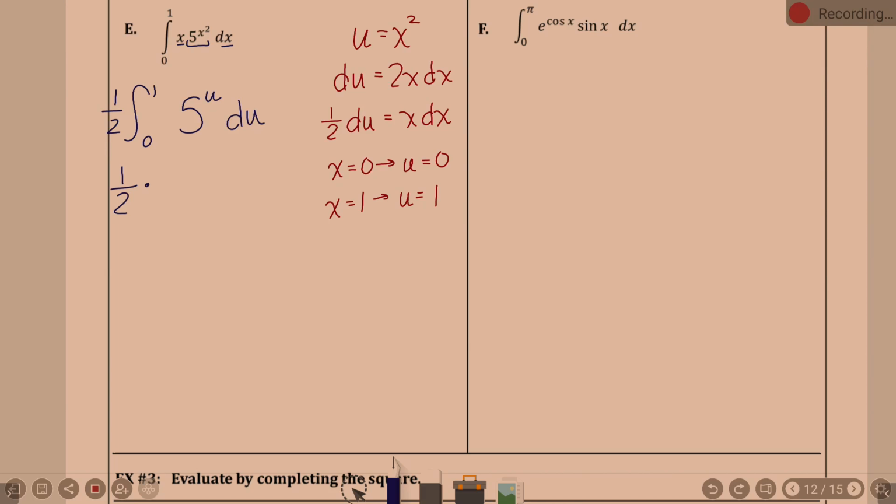It's on page 390 at the beginning of this lesson. It's 5 to the u over natural log of 5, evaluated from 0 to 1.